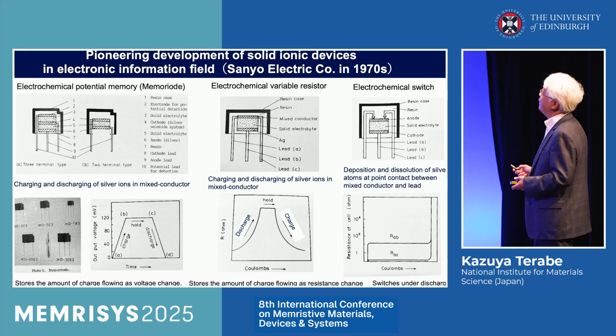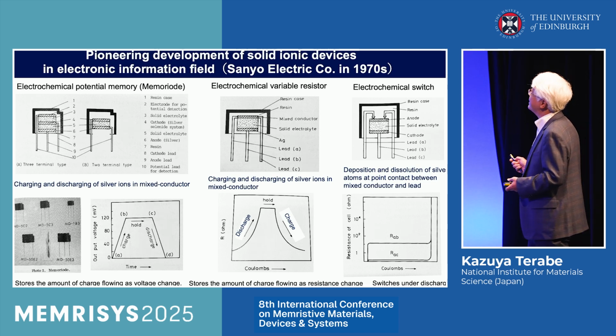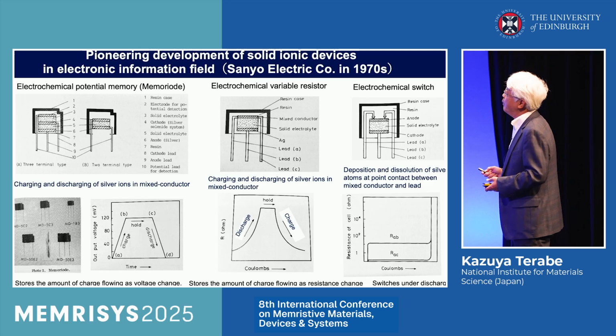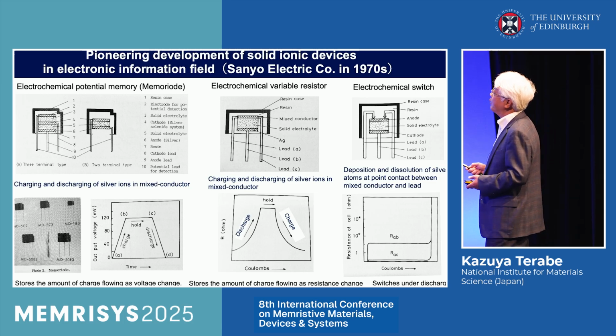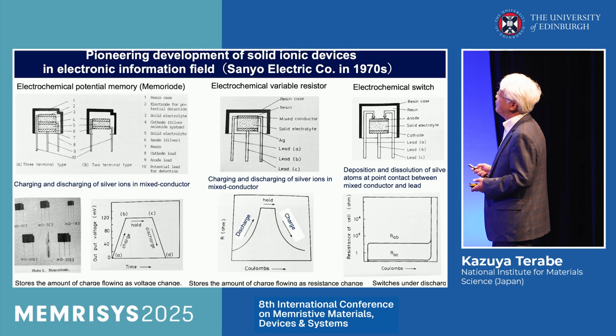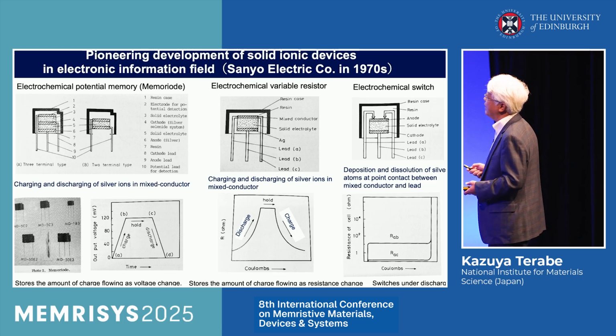The pioneer was developed by the Sanyo Electric Company in the 1970s. They developed three kinds of ionic devices for the electronic information field. One is the electrochemical potential memory, called memory odd. This one is three-terminal, and this one is two-terminal.